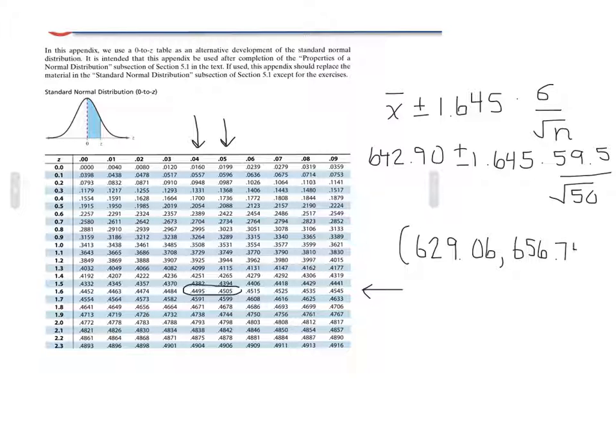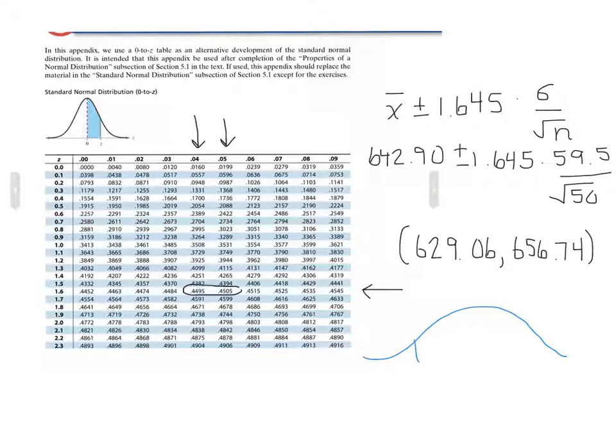So we can say that we are 90% confident that the true mean, can't remember what this is about, is between 629.06 and 656.74.